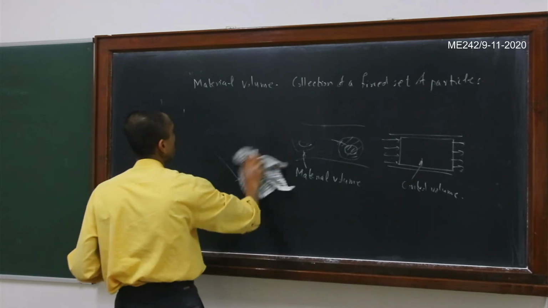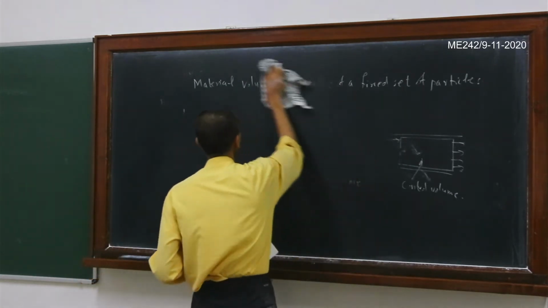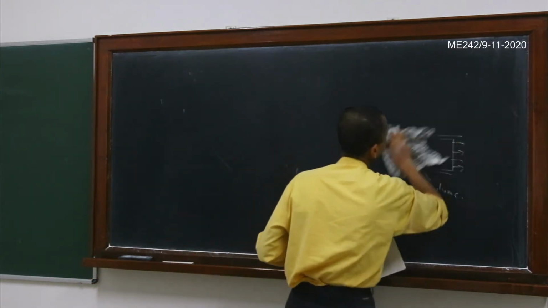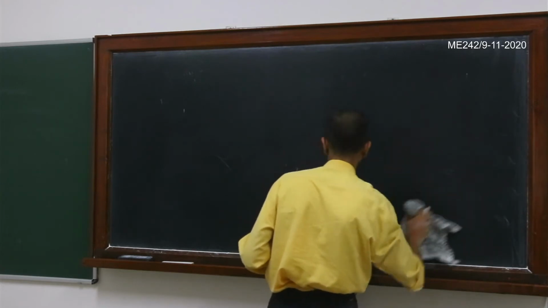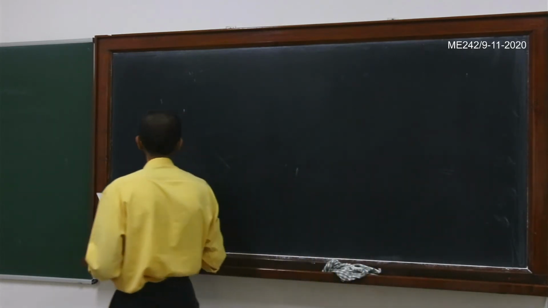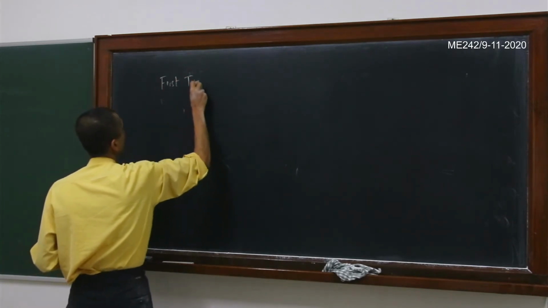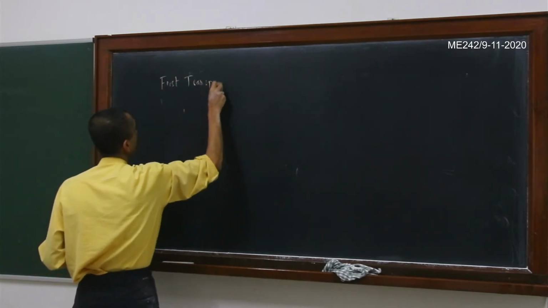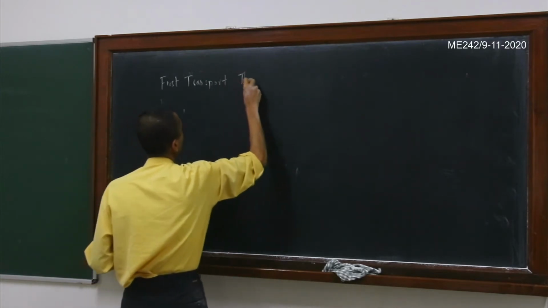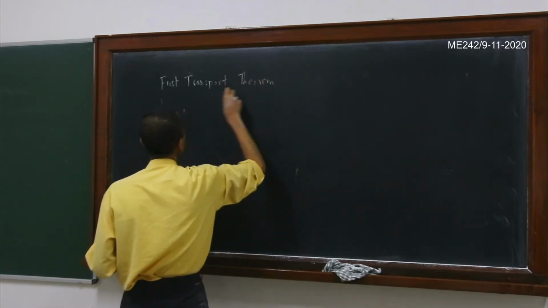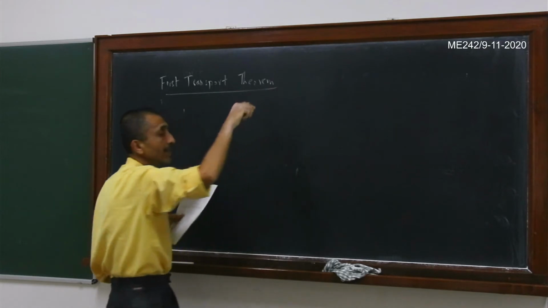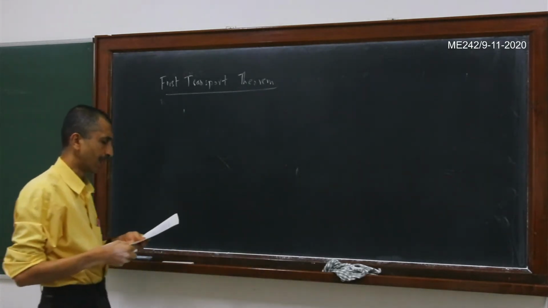Okay, so now having clarified what this material volume is, let us look at what is known as the first transport theorem. So this is again going to be very useful in deriving the various forms of the governing equations.